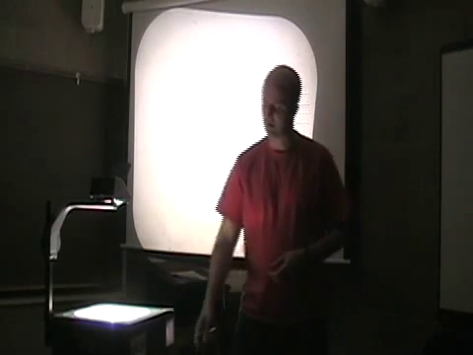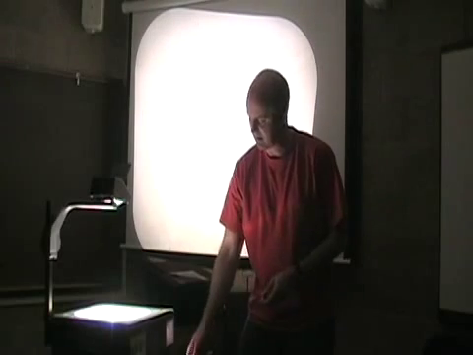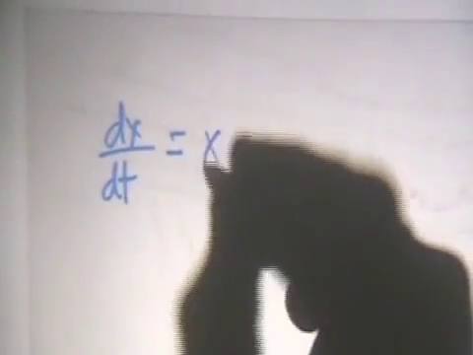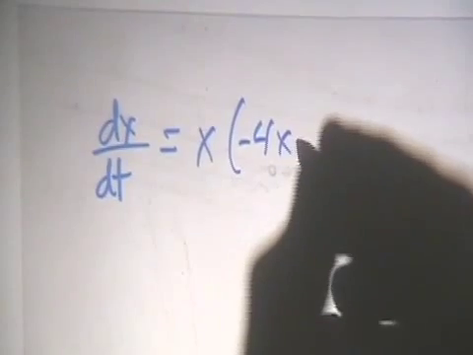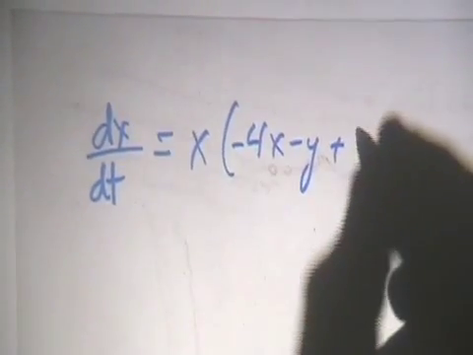So here's the system that we're going to consider, and it's actually a pretty complicated system. dx/dt is going to equal x times (negative 4x minus y plus 160).